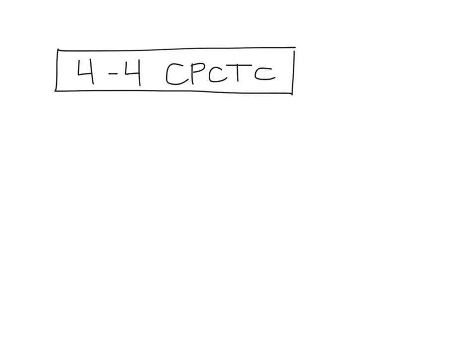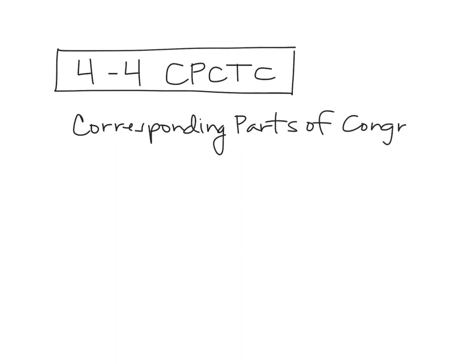So if I want to prove angles are congruent, I just have to take it one step further and say CPCTC, because CPCTC stands for corresponding parts of congruent triangles are congruent.